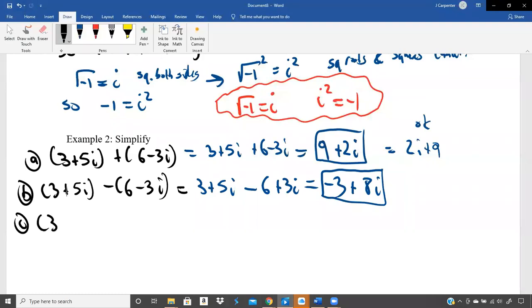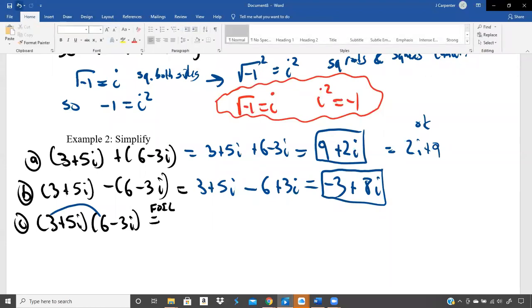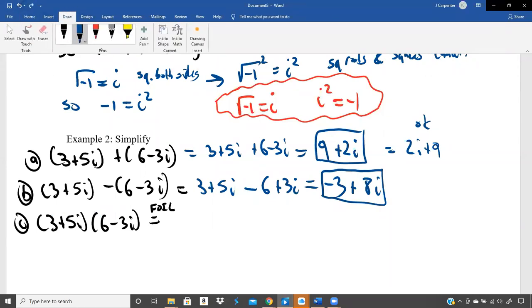Next up, same pair of numbers, 3 plus 5i. And I bet you can guess what I'm going to do. If I went plus and then minus, then 6 minus 3i. So this one you're going to have to FOIL. First, outer, inner, last. So first is the 3 times the 6, 3 times 6 being 18.